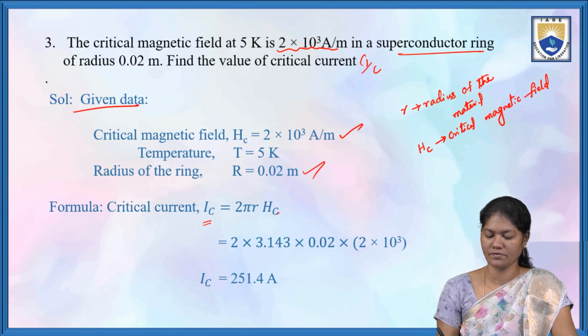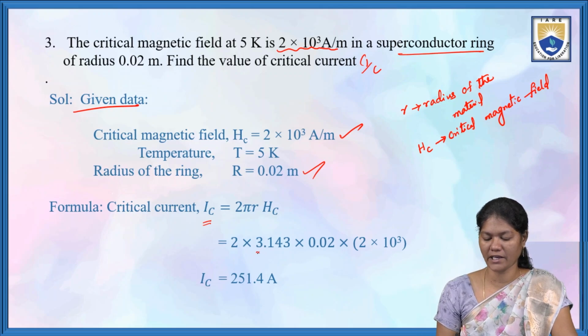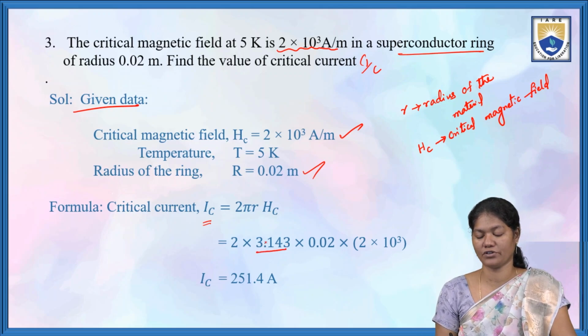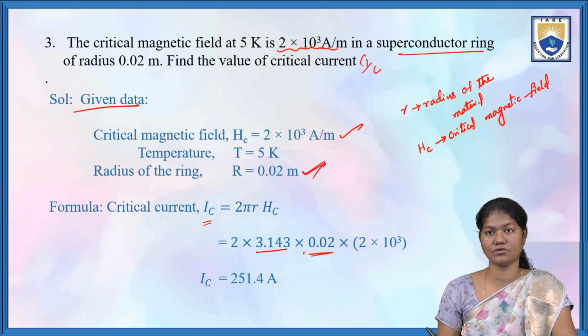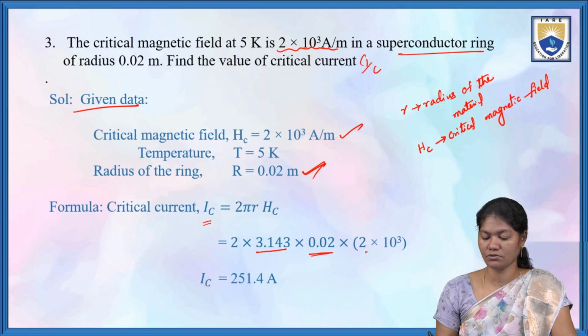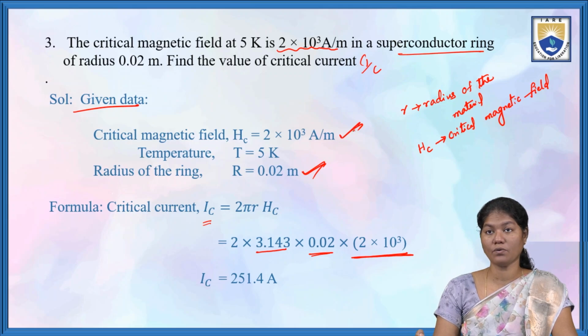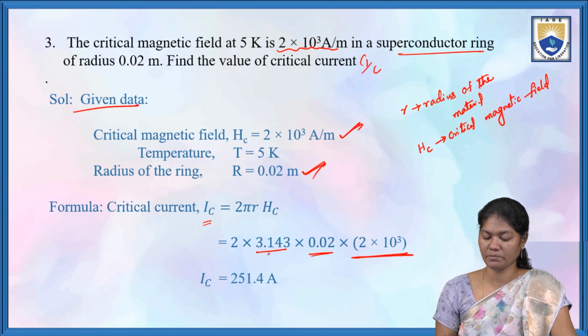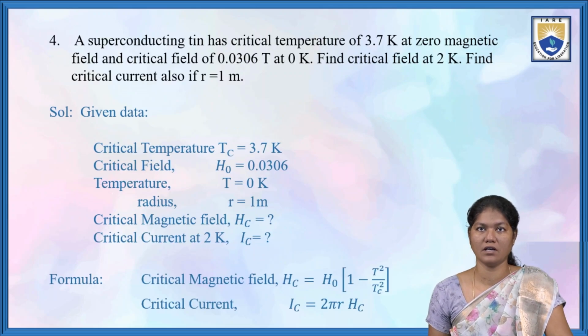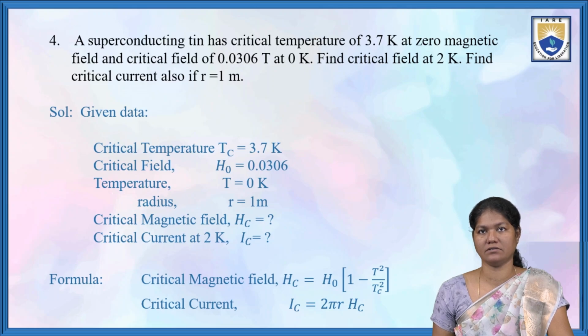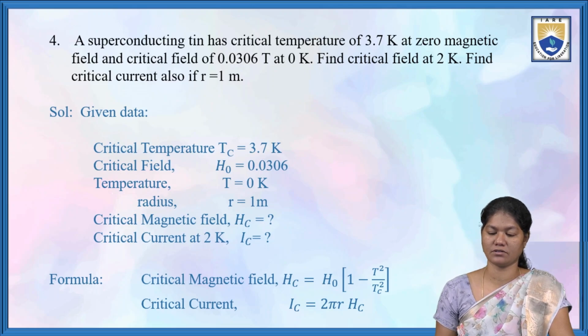So 2 into pi value is 3.143 into R, the radius in meters, 0.02 meters, into the critical magnetic field Hc, 2 into 10 power 3. So multiplying, the critical current is equal to 251.4 amperes.